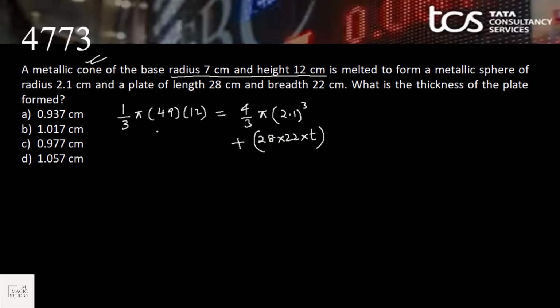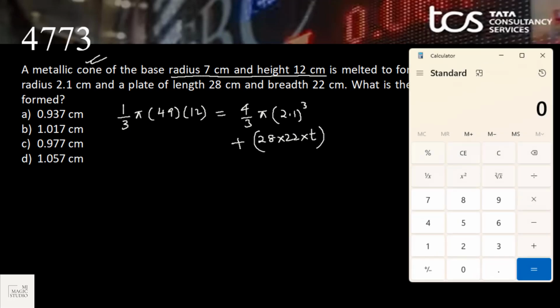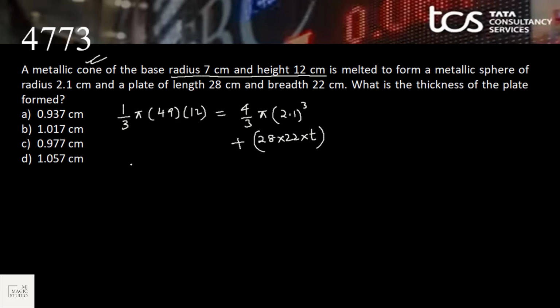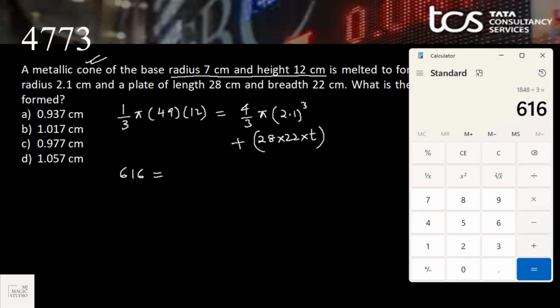If we solve this, we can find the value. Wonderful. We just need to find each value. Let's have our on-screen calculator. 49 into 12 into 22 by 7 by 3 is 616. So we have 616 on this side. 2.1 into 2.1 into 2.1, that is 2.1 whole cube into 22 by 7 into 4 by 3 is 38.808.